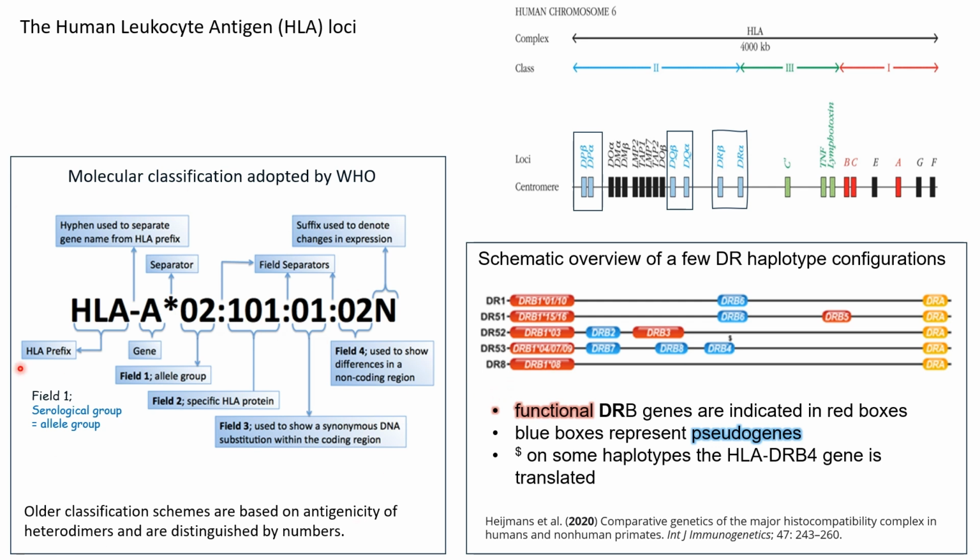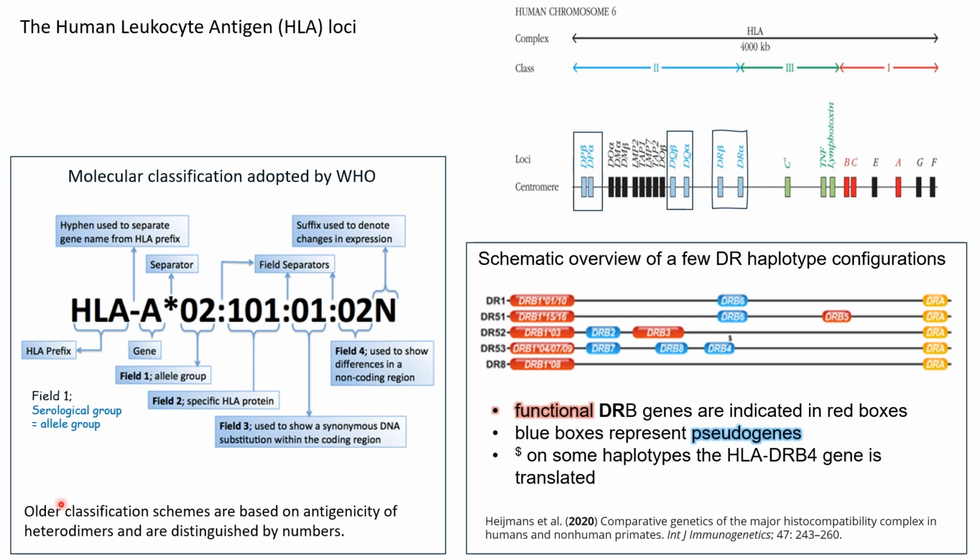If you ever get involved in molecular classification, you're interested in transplantation and you want to check whether donor and recipient match, then you'd come across a classification scheme. This classification scheme is adopted by the World Health Organization, and it's a molecular classification scheme based upon sequencing.